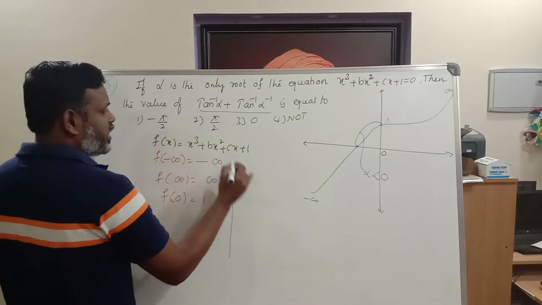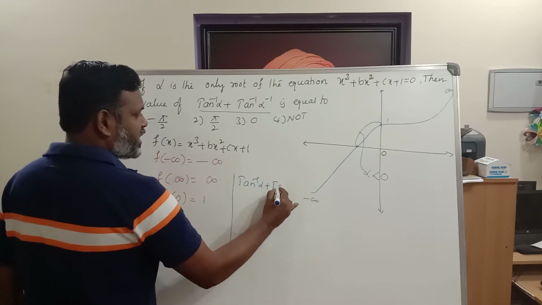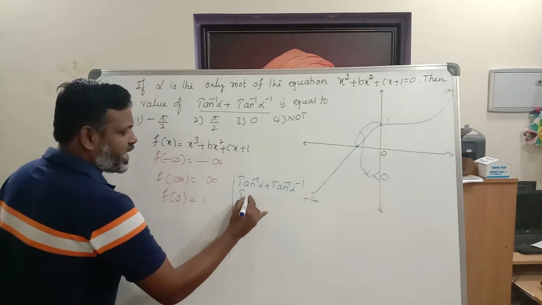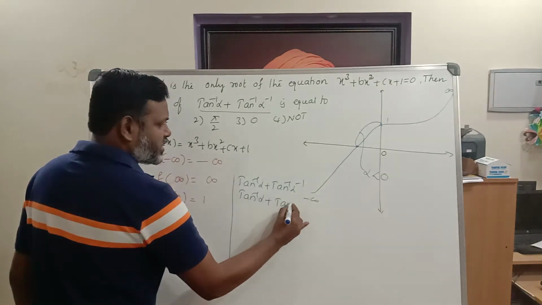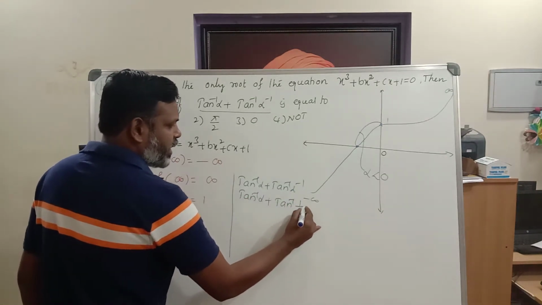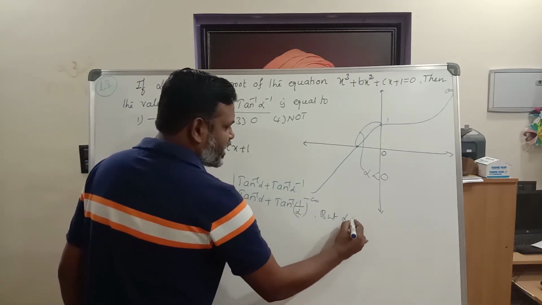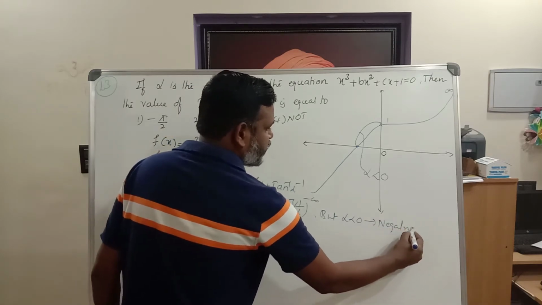So now I am going to deal with tan inverse of alpha plus tan inverse of alpha power minus 1. Can I write it like this? Tan inverse of alpha plus tan inverse of 1 by alpha. But alpha is less than 0, which means negative.